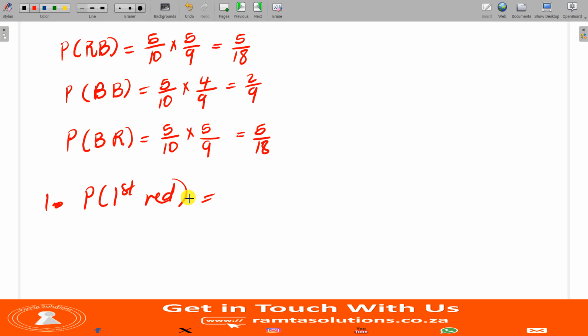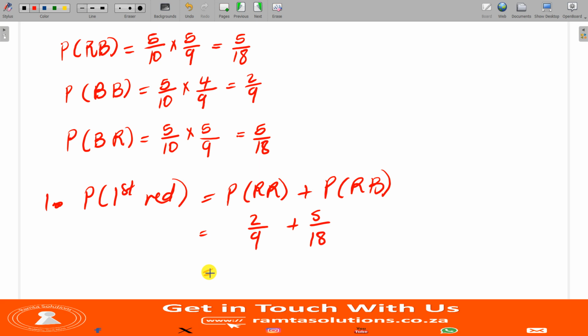But if you like, you can say it's the probability of red and red plus the probability of red and blue. What is this? I believe red and red was 2 over 9, and then the probability of red and blue was 5 over 18. So what is this?